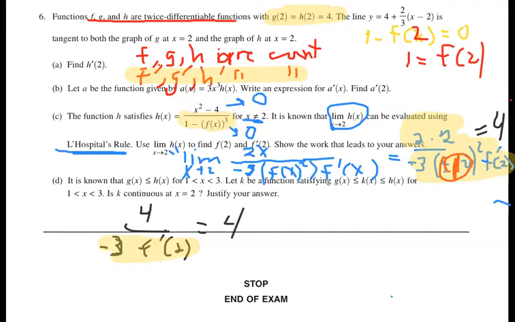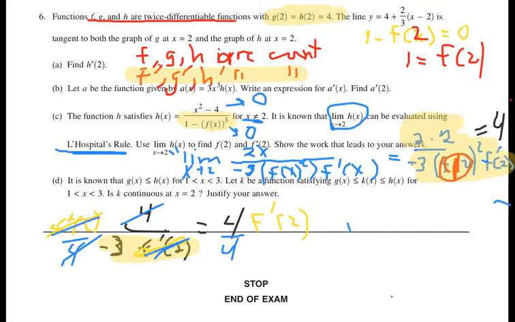I'm just going to multiply this side by f prime of 2 and this side by f prime of 2 to get these to reduce, because I'm supposed to be finding f prime of 2. And then I'm going to divide this side by 4, and I'm going to divide this side by 4. So those two things reduce out, as well as these two things that reduced out.